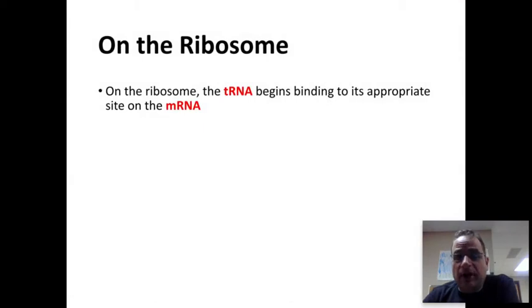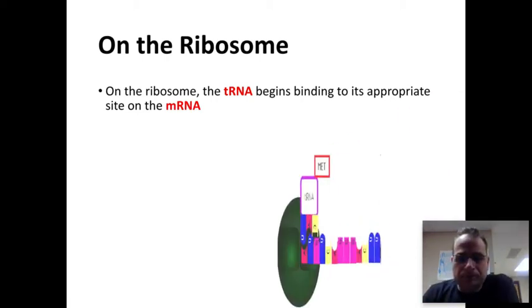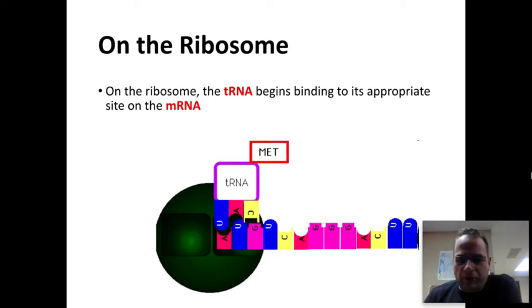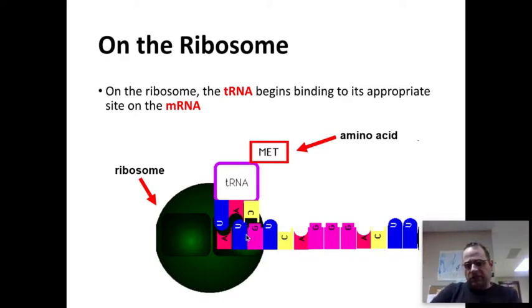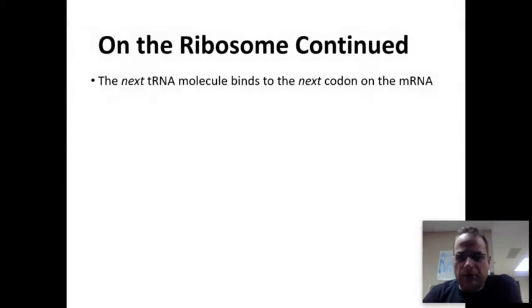On the ribosome, the tRNA begins binding to its appropriate spot on the mRNA, kind of like the right place where it's going to connect. So here's the ribosome, and it's going to bring in the amino acid on the tRNA, and it's going to attach and match up kind of like with the teeth on the ribosome.